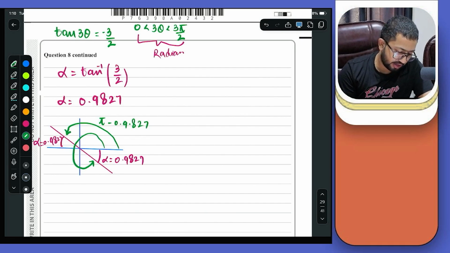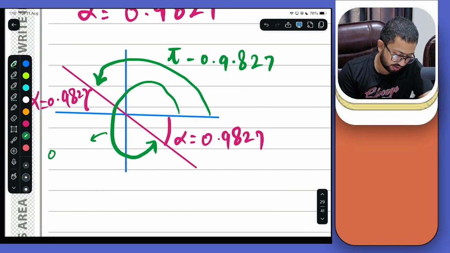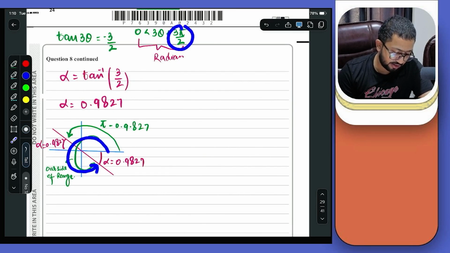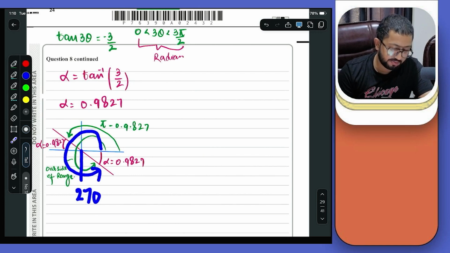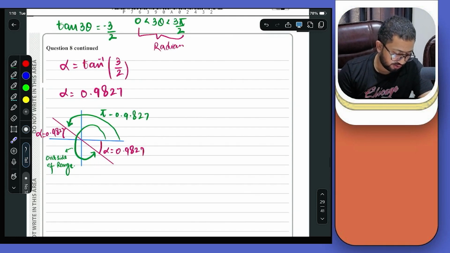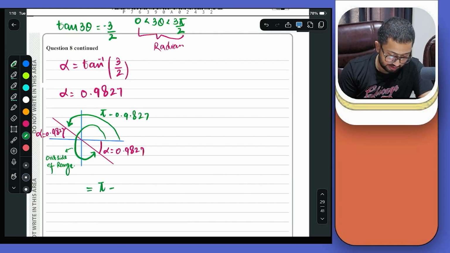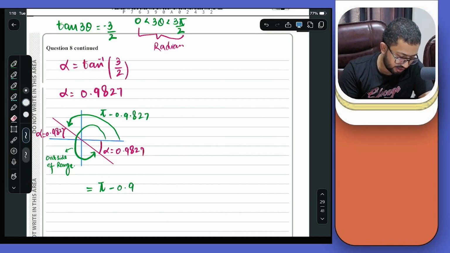Similarly, get the other answer. Obviously this would be outside of the range, because this would be greater than 3 pi by 2. 3 pi by 2 is actually 270 degrees. So this angle obviously would be greater than 270. So no need to consider this angle. The final answer will be only pi minus 0.9827.